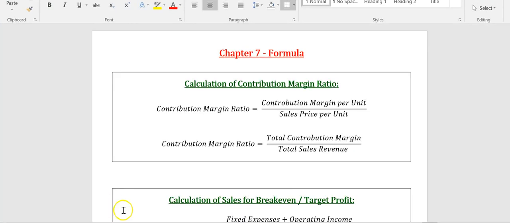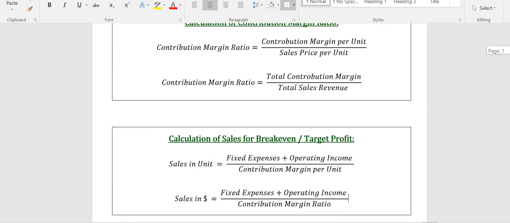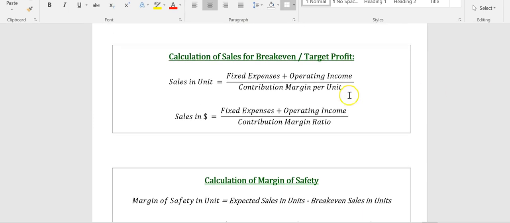Here is the formula sheet, and to calculate the break-even point in units and in dollars, you need to know these two formulas. This is the same formula you can also use for target profit calculations. Remember, I've told you many times, I'm repeating: if a question asks to calculate the break-even point in units, your denominator will be contribution margin per unit.